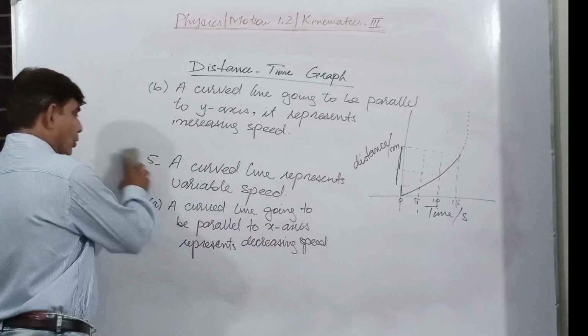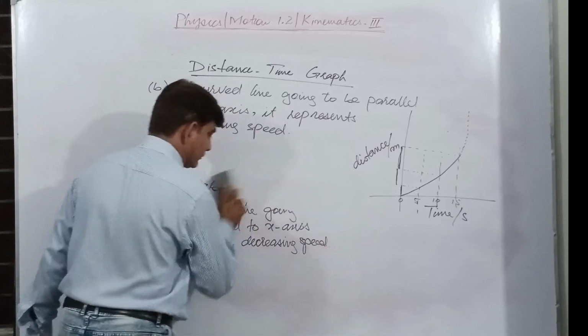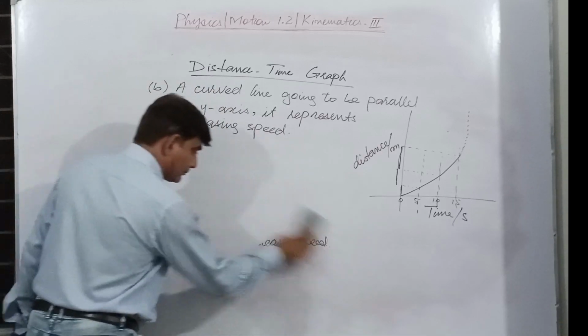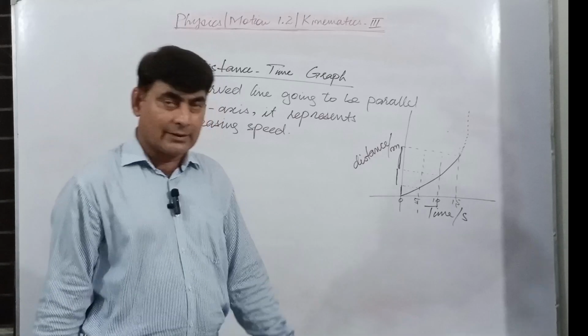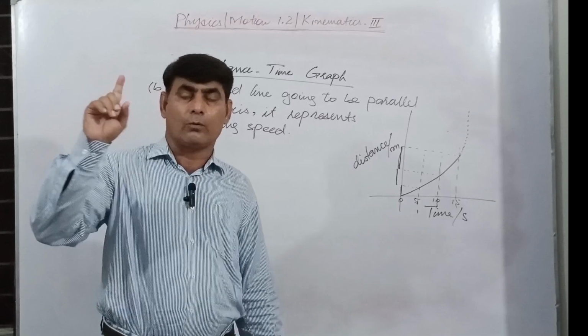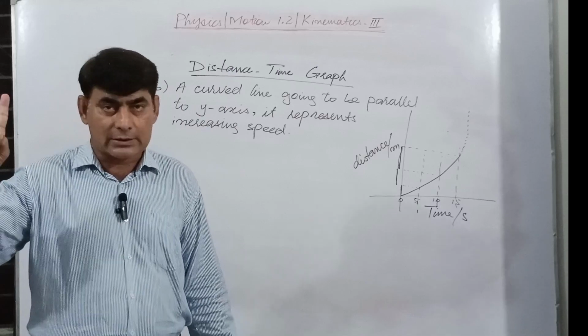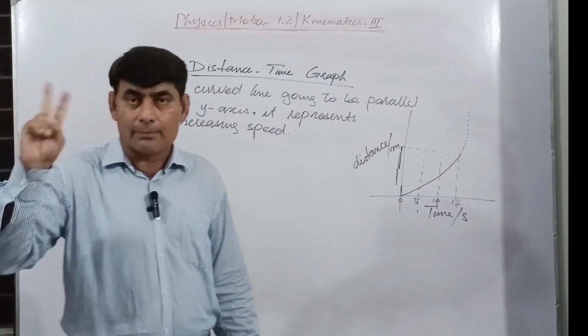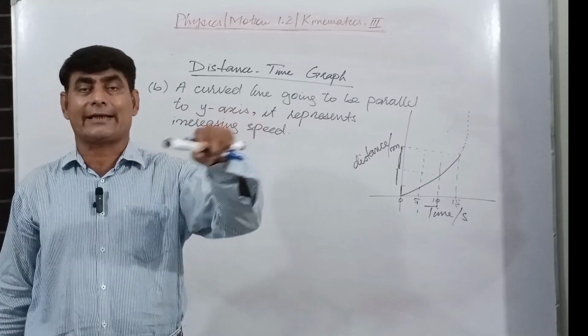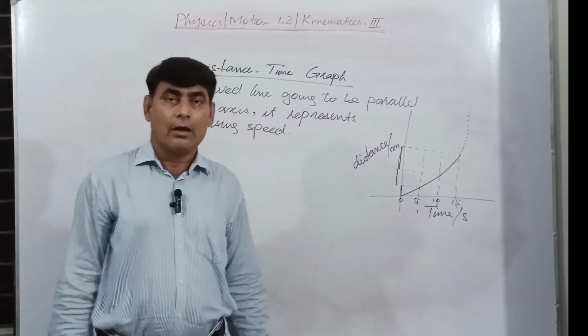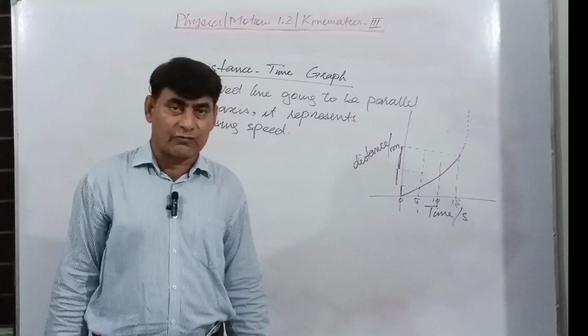It is clear. Now, we have done 5 points here. Point number 1, how we consider axis. Point number 2, a straight line parallel to x-axis represents state of rest.